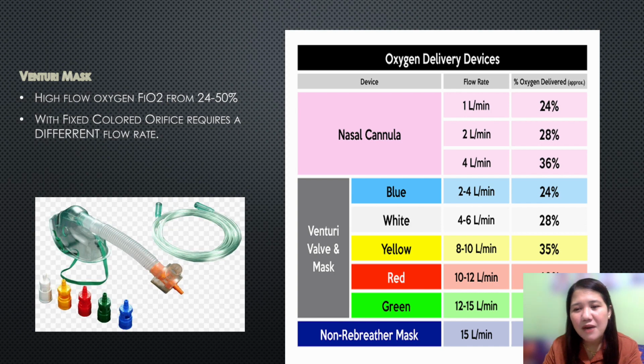The colors may vary depending on the manufacturer, but you can refer to your RT or respiratory therapist, who is more knowledgeable about it. Venturi masks are used for patients who have hypoxic drive and need supplemental oxygen, and this would include COPD patients.